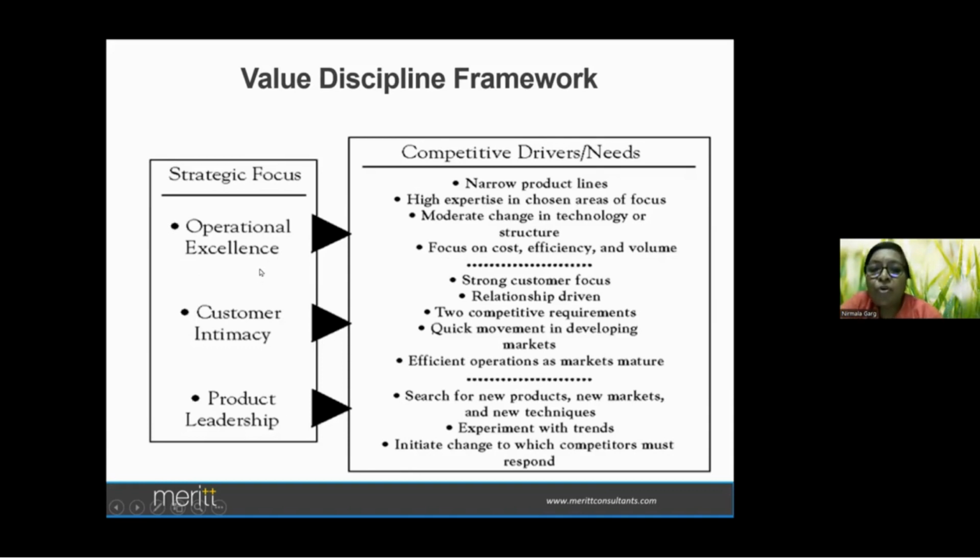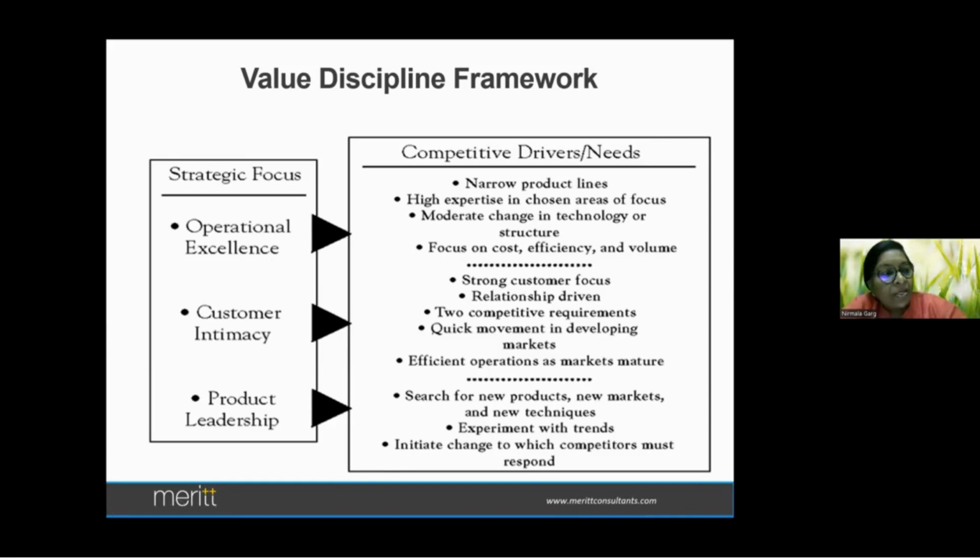Because if you are into operational excellence, then your focus will be different. If you are into customer intimacy, your focus will be different. And if you are into product leadership, your focus will be different. For example, if I am into a food business with the operational excellence value discipline, that means I want to offer good food at a lower cost with no frills attached.